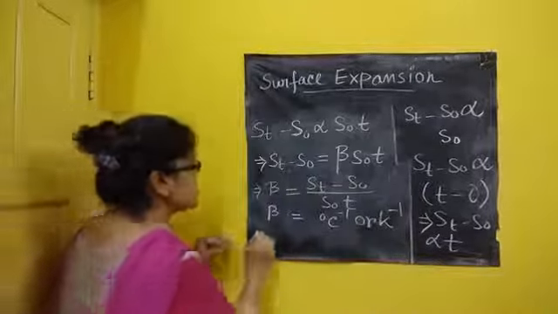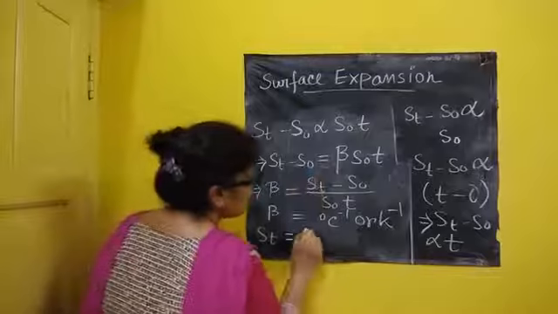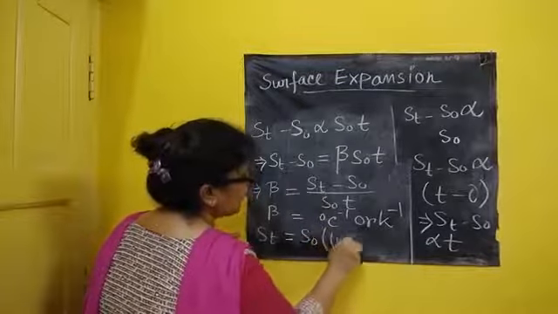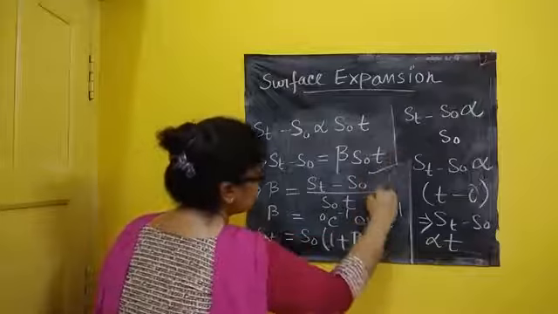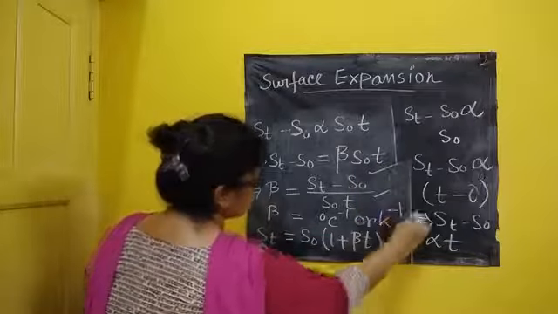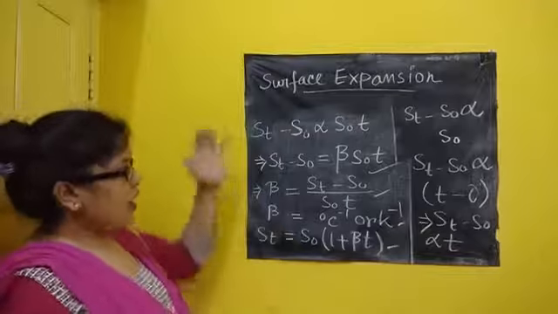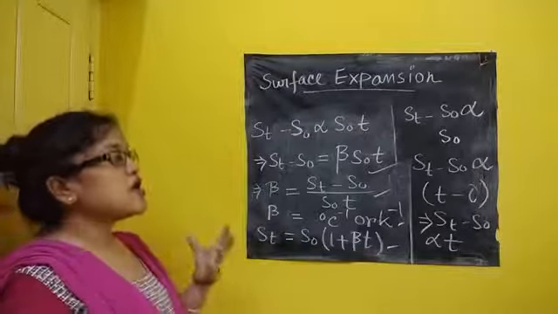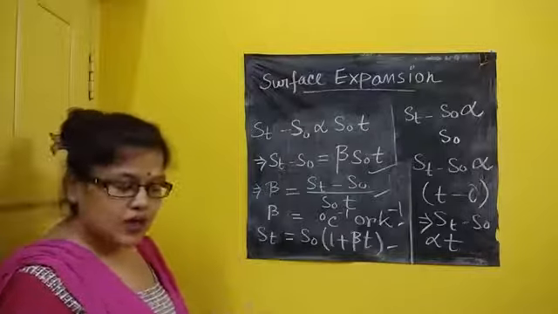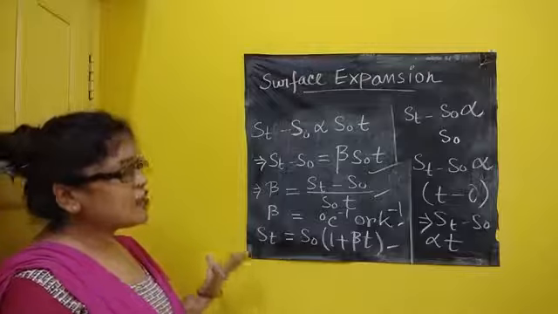That is St equal to S0 common, 1 plus beta T. So this equation and this unit, you need to remember. Clear? I think no confusion. This is all about surface expansion, meaning if I give heat to a substance, how much surface area will change.